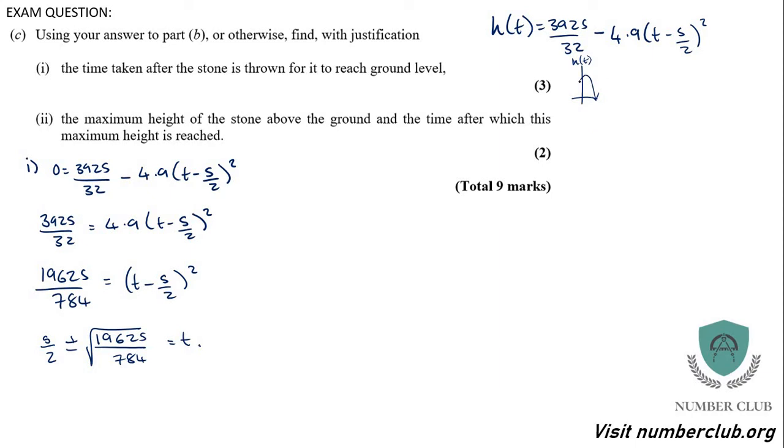Now, if you imagine this quadratic up here, it would have this other side. Now, obviously, t cannot be negative. Okay, we should work out both though, and then we should figure out whether we've got the positive or the negative version. Okay, so let's have a look at what those come out as.